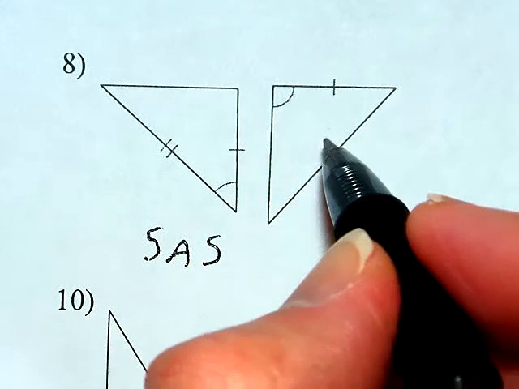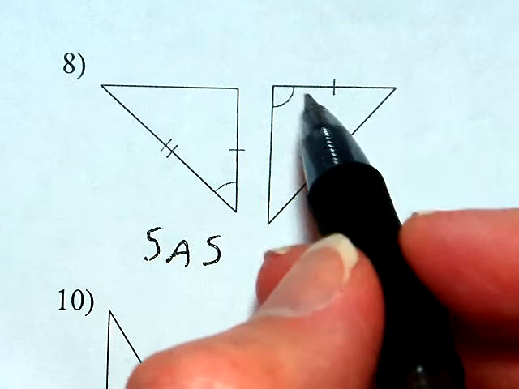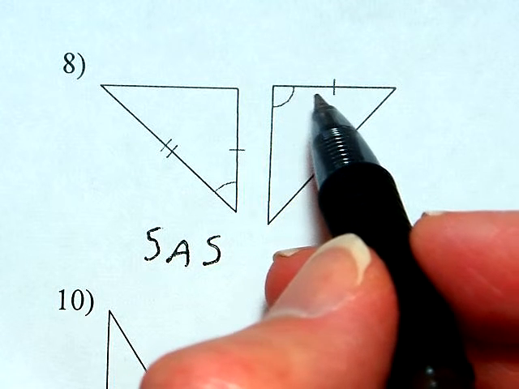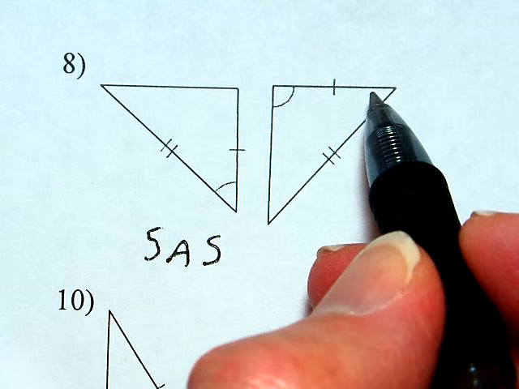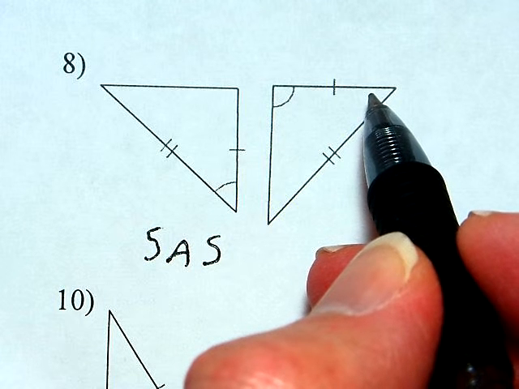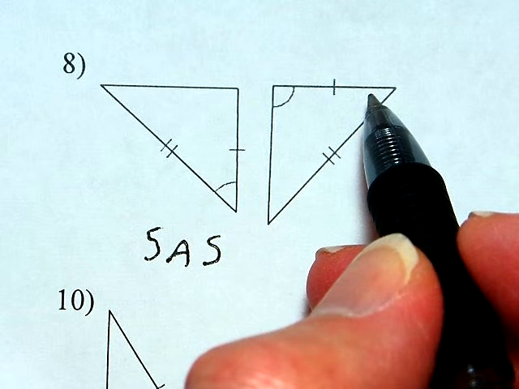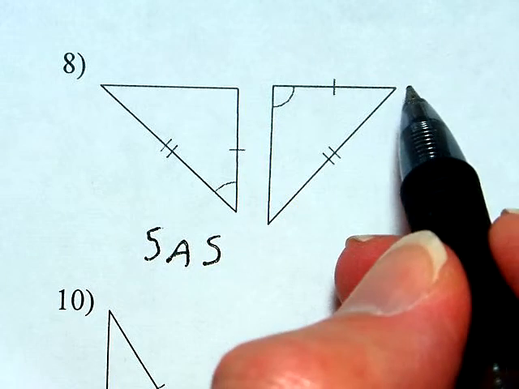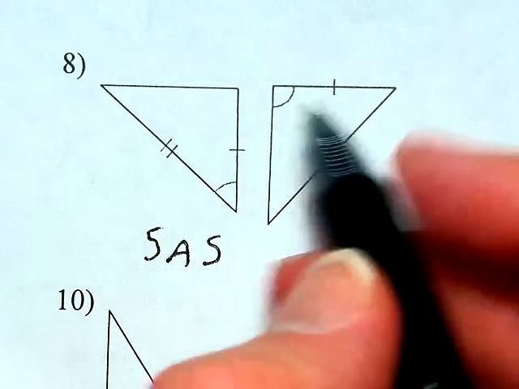And in the right triangle we also have two sides and an angle that are congruent, but this angle is not an included angle. The angle should be, if it were to be congruent, over here where my pen is pointing. If that angle was over here, we would have two congruent triangles by side, angle, side. But because the angle is outside of these two sides, where the two sides meet, this is another example of side-side angle.